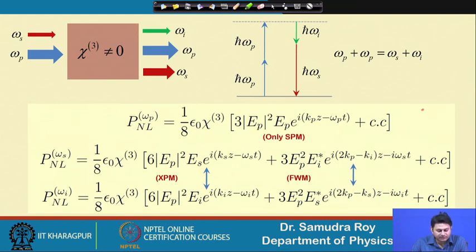There will be 3 different source terms, one for omega p, another for omega s, and another for omega i. Eventually, we are going to use the source term for omega s, but how these source terms are generated is important to note, and that is why in detail I tried to make you understand how these different field combinations should be there in the source term.